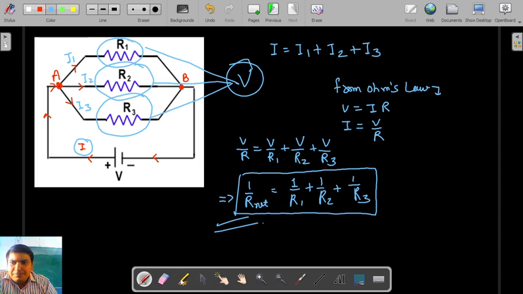So for example, suppose I have taken three resistors like this. Suppose the values are 2 ohm, 4 ohm and 8 ohm.